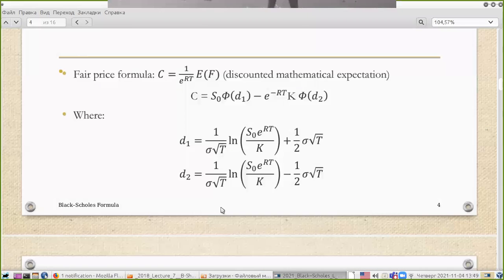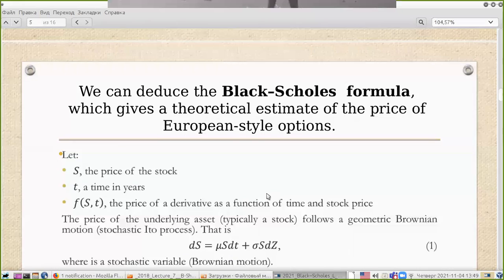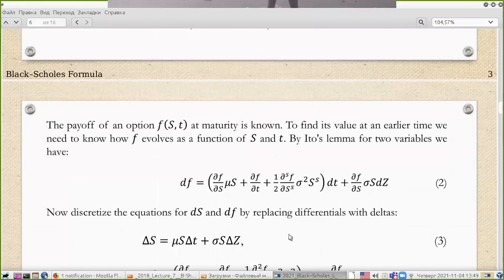So we use Ito's lemma, and we write a and b from our equation. All of these are the same, only a and b we write from equation 1. Yes, a is mu multiplied by S, b is sigma squared S squared, and everything else is the same.